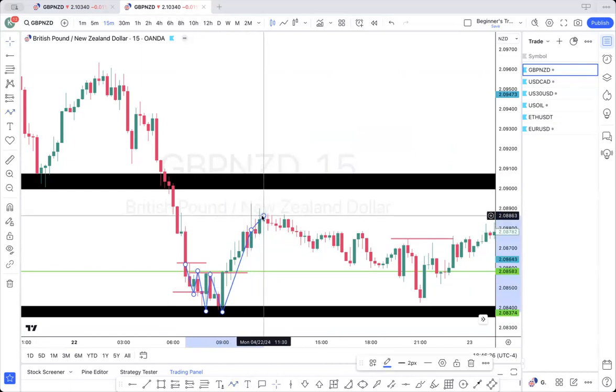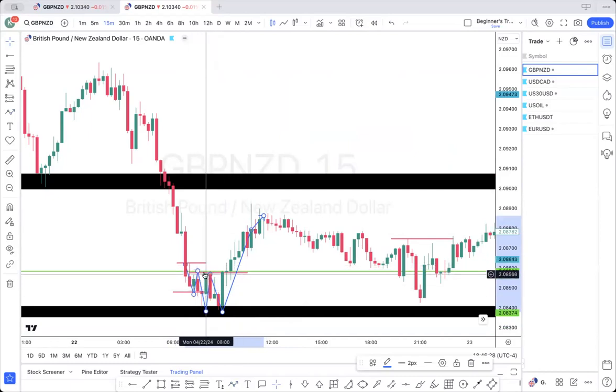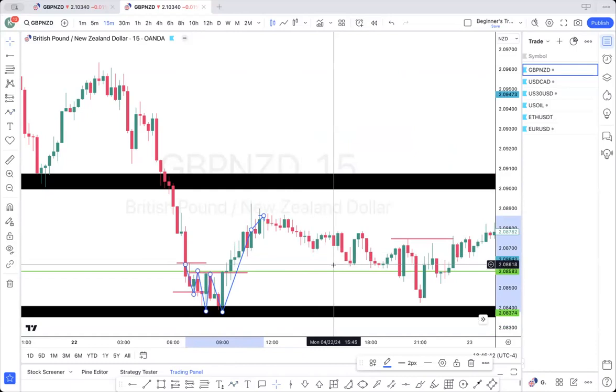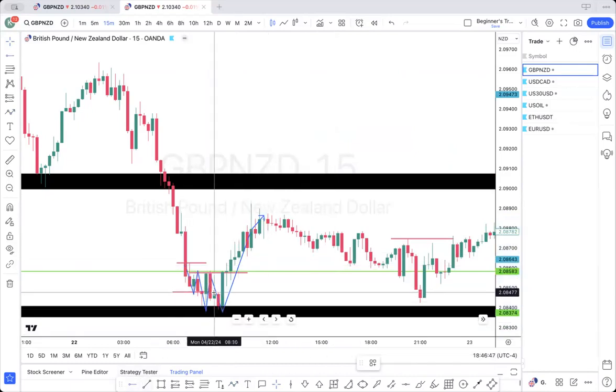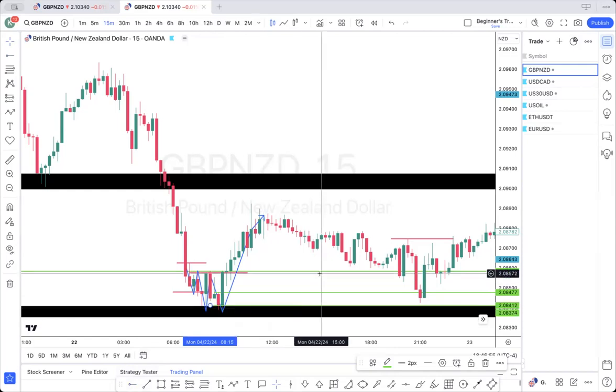So once price broke that high or broke these highs, you're waiting for price to pull back. Price is either going to pull back to the wick of the order block, the body of the order block. You never know how far it's going to pull back.